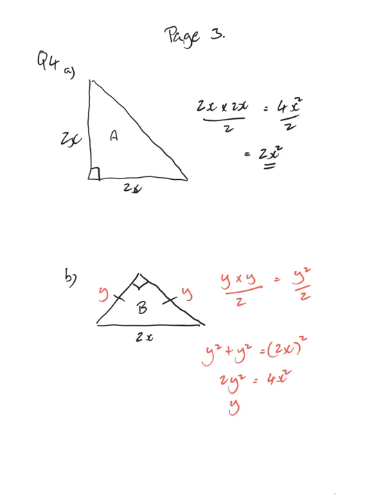So therefore y squared equals 2x squared. So if we now go back to our expression for the area, which was this one here, if we just halve our 2x squared, we've got our expression for the area of that triangle in terms of x, as required.